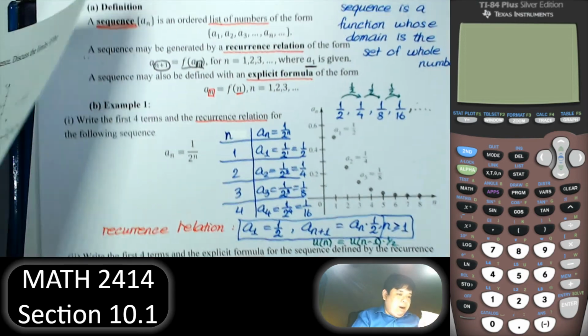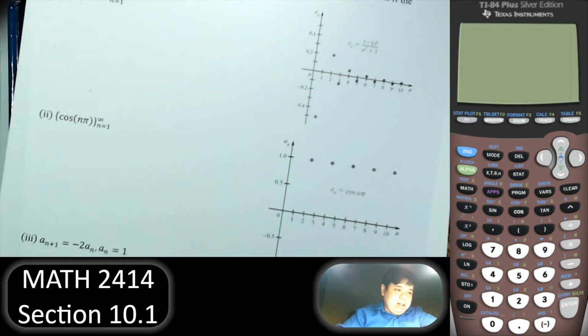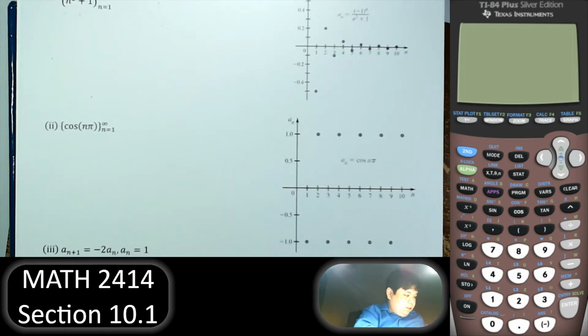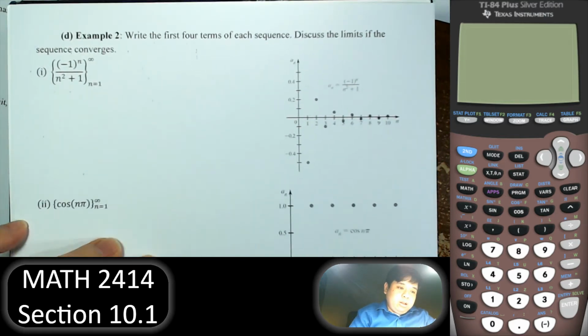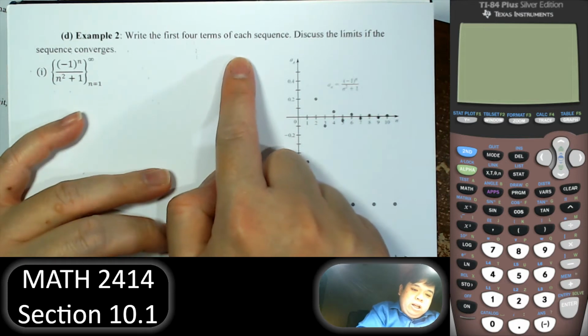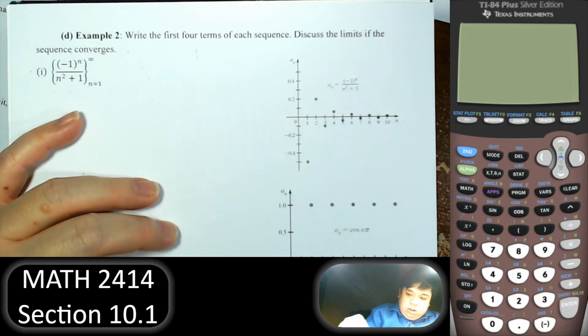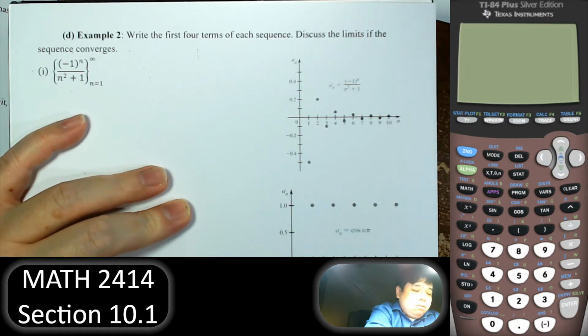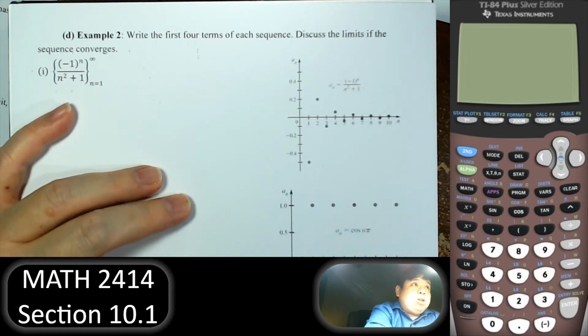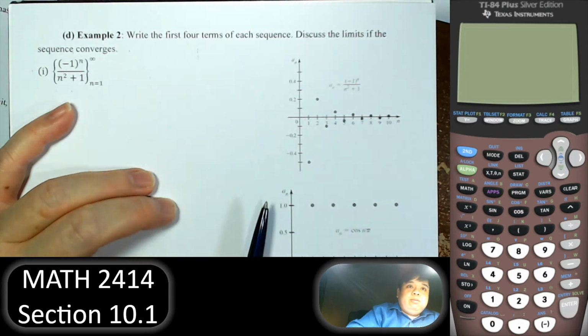Now let's find the limit for this sequence. Write the first 4 terms of each sequence and discuss the limit of the sequence. Alright, so now we just put n in.